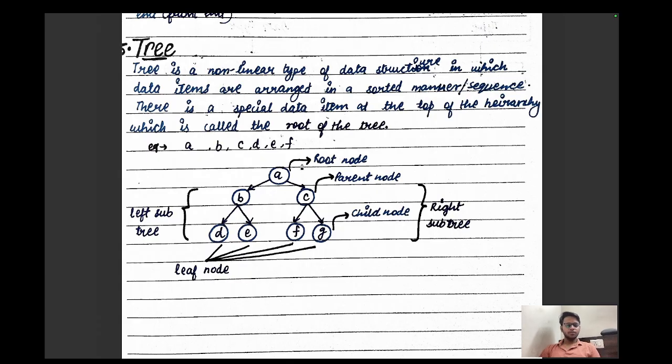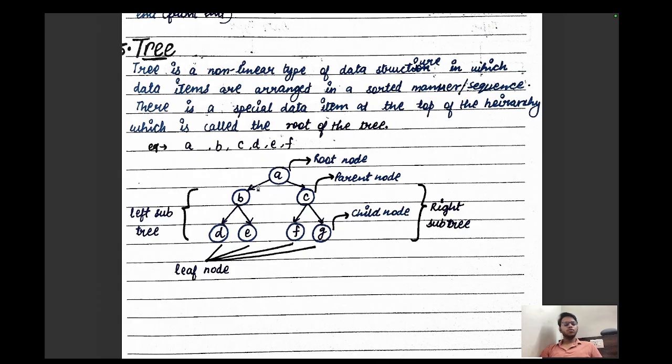From the graph or example we have here, the element at the top of this structure is the root node. If you treat this A as a parent, you can see two lines coming from A towards B and C. So A is the parent, and the children of this parent are B and C, denoted by two arrows.